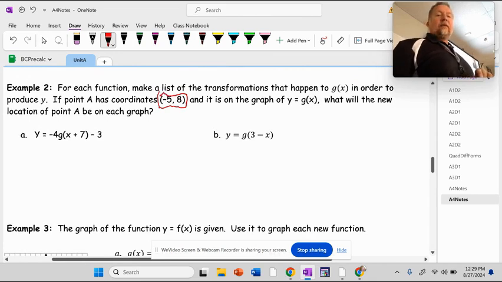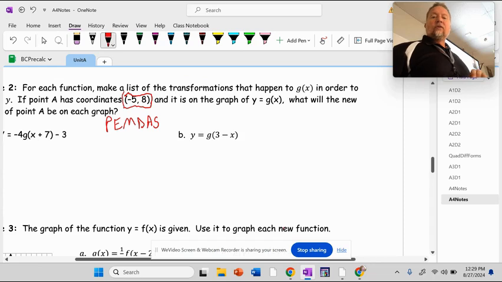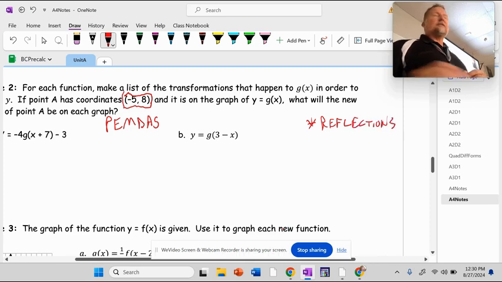Now, one thing you should write on this is it's really a PEMDAS thing. I'm going to add one more thing that is crucial. Parentheses can kind of get mixed up in that. But really what you should make sure you do first is reflections before translations. That's really the big thing. Reflections before translations.